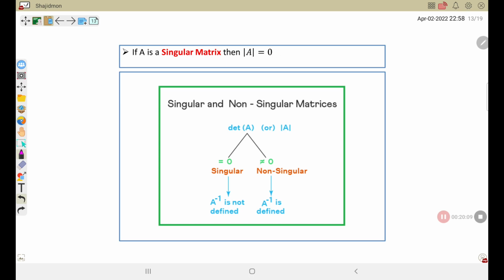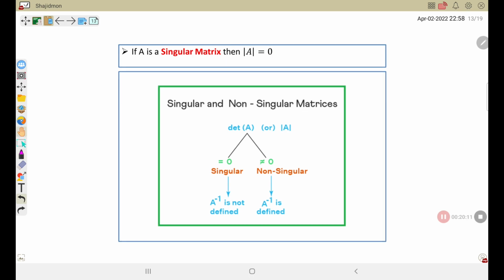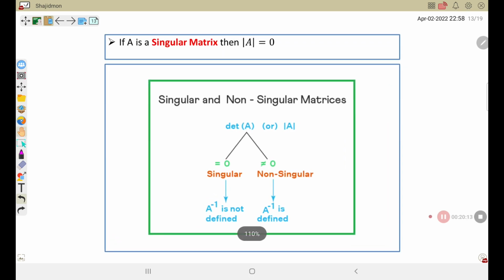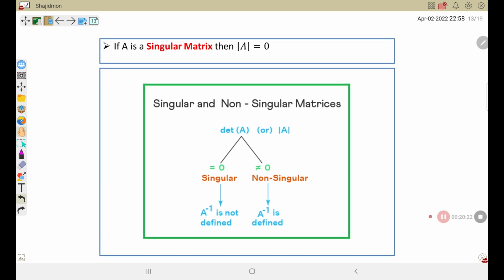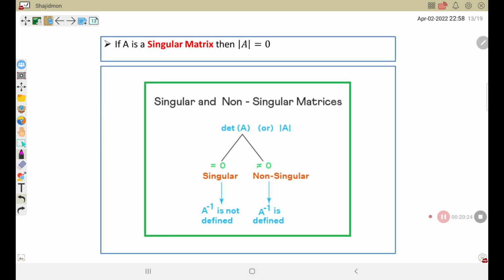So we have singular and non-singular matrices. How are we doing it? First we check the determinant of A. If we get a zero, that matrix is called a singular matrix. Singular matrix means A inverse is not defined.